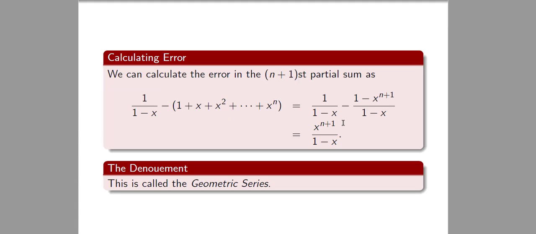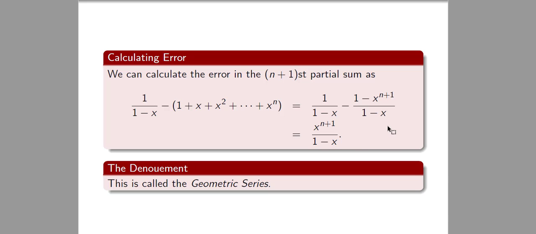Okay, so we can actually calculate the error in the n plus first partial sum. It is 1 over 1 minus x minus the n plus first partial sum, which is equal to 1 over 1 minus x minus, okay, our formula, the 1 minus x to the n plus first over 1 minus x. And when you do the arithmetic on that, that'll be x to the n plus first over 1 minus x.